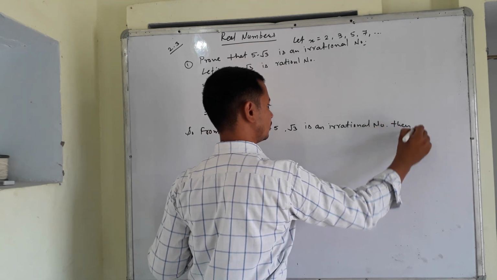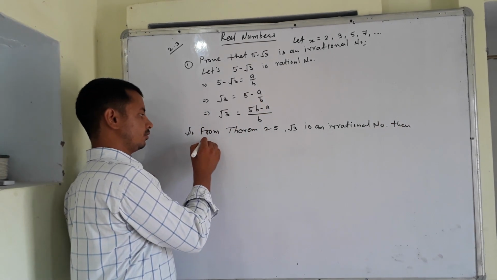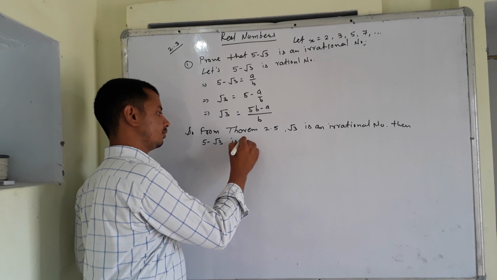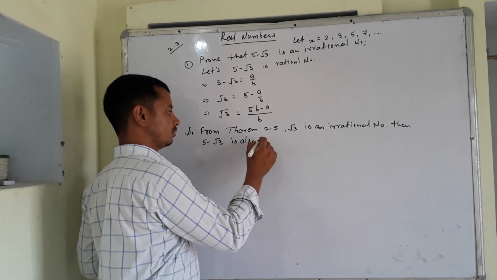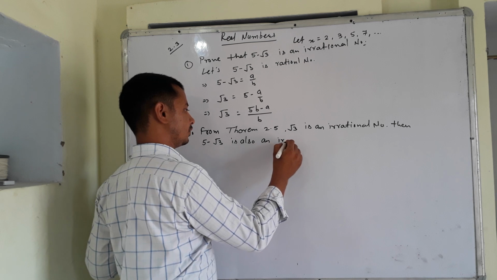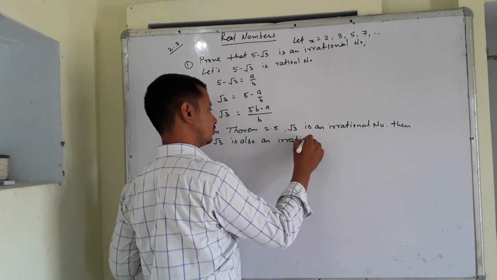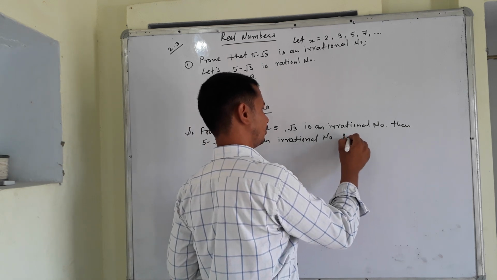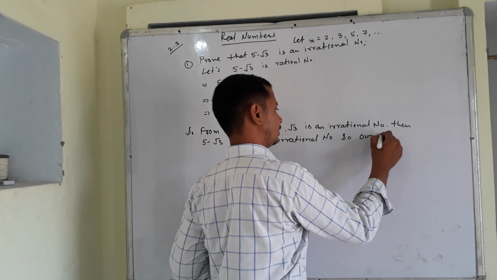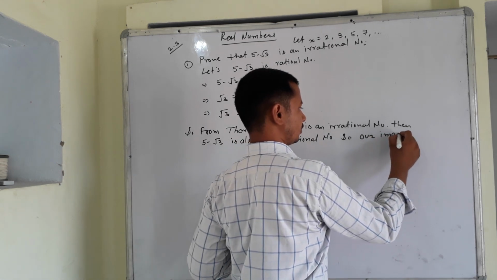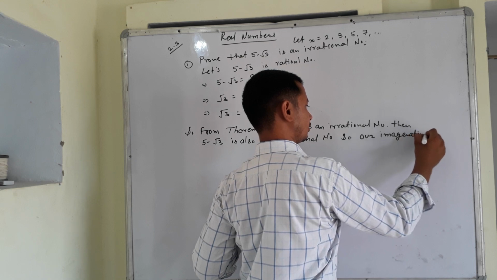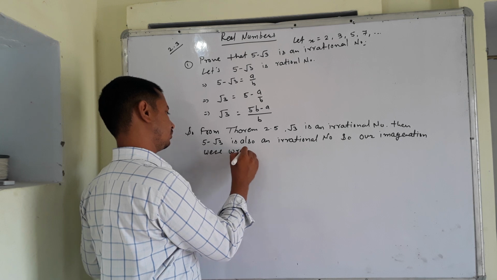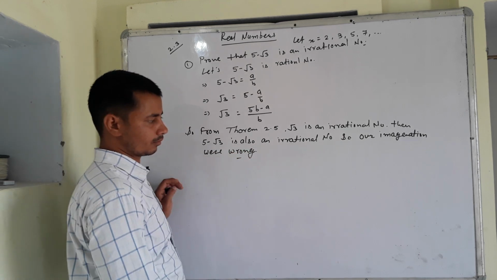Then 5 minus square root of 3 is also an irrational number. So our assumption was wrong. Hence proved.